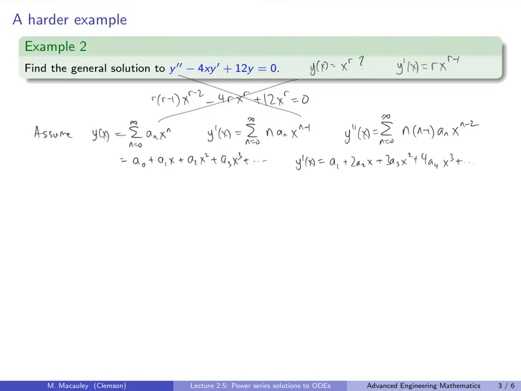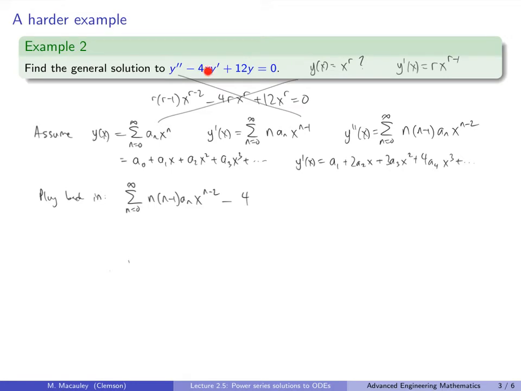So y'' I'm going to plug back in. Actually, let me not write out y'', I'll just write out what it is. So I'll say that the sum from n equals 0 to infinity of n times (n-1) times a_n x^(n-2), minus 4xy'.